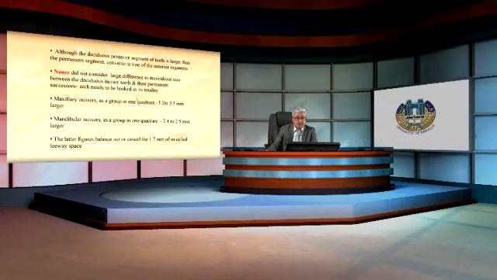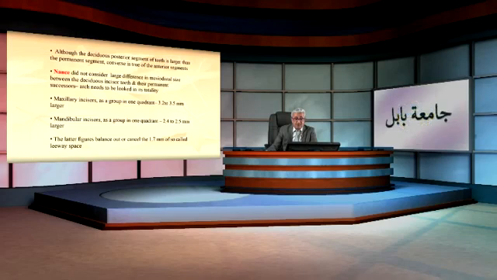Although the deciduous posterior segment of teeth is larger than the permanent segment, the reverse is true of the anterior segment. Dr. Nance did not consider the larger difference in the mesiodistal width between the deciduous incisor teeth and their permanent successors. The arch needs to be looked at in its totality.